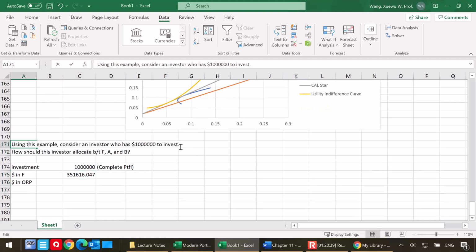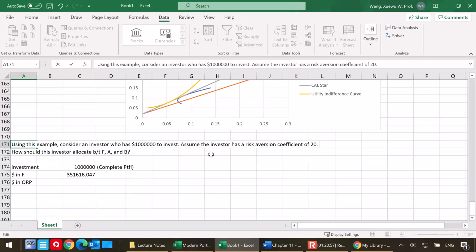Okay, and by the way, I should say, assume the investor has a risk aversion coefficient of 20. Of 20, all right, that's the number we used. Okay, if the risk aversion coefficient is 4, you can see that this investor is less risk averse, so the investor should put more into the optimal risky portfolio.